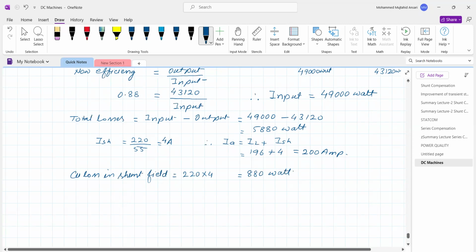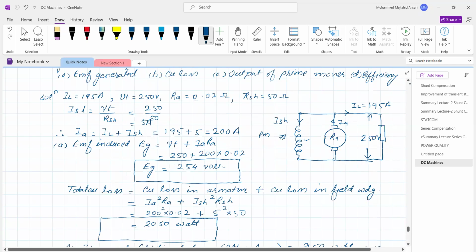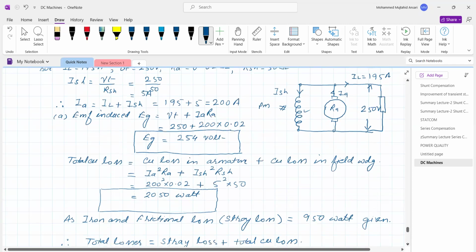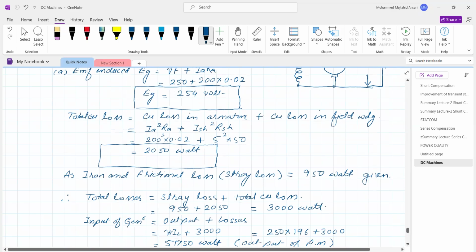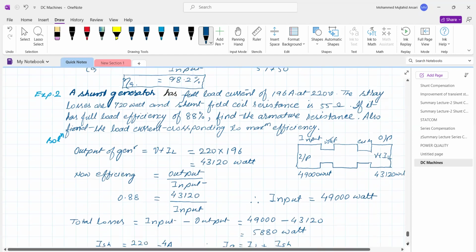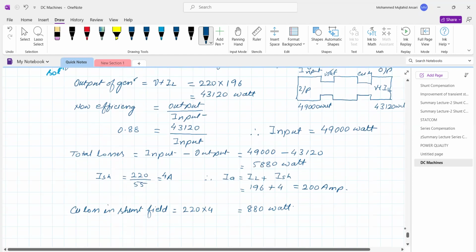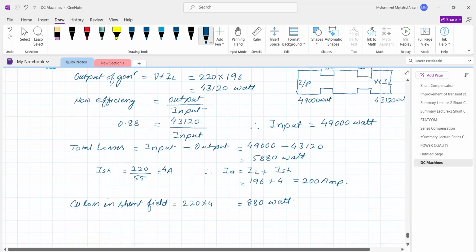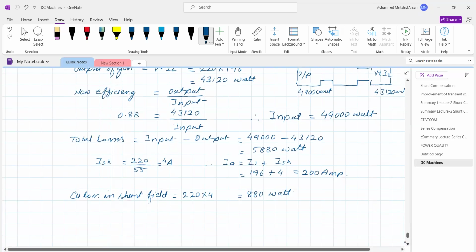Now see, in this one, here are the copper losses in the armature and shunt field winding. So if you subtract the copper loss and stray loss from the total losses, then it becomes simple.